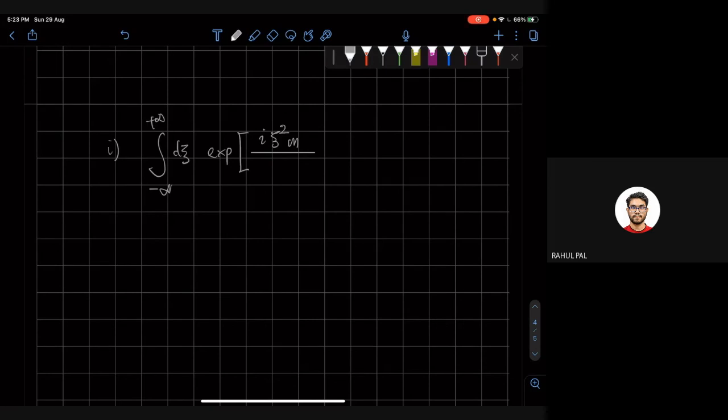If you don't know how to do that, let me know. I can show it to you some other time. It's actually a contour integral. So this thing is going to be 2 pi i h bar delta t by m. By now, this is something that is probably very familiar to you.